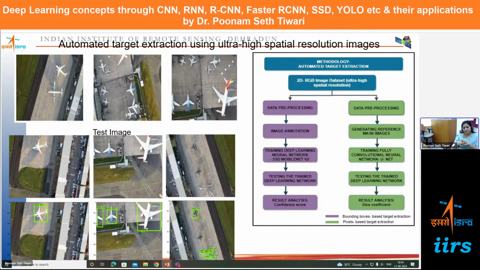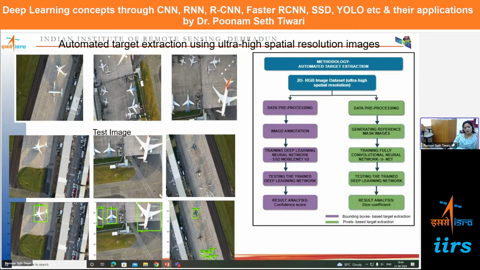some of the results of experiments that were done. Here the problem was to identify the targets, which in this case were aircraft. The first objective was to count how many aircraft were there, the second was to identify the shape of the aircraft, and finally to check what type of aircraft it is.